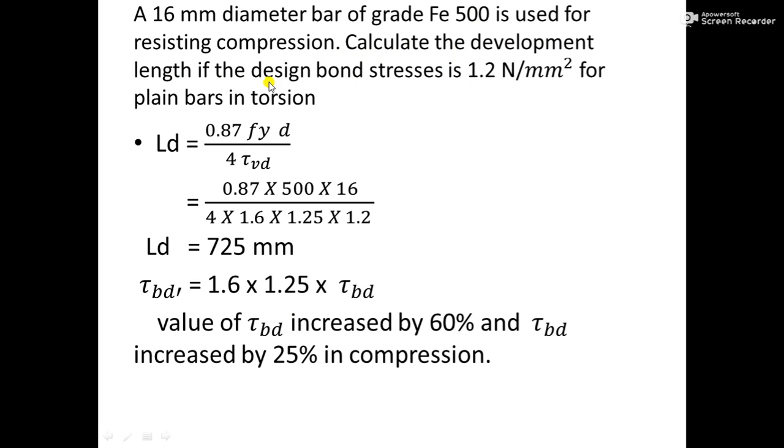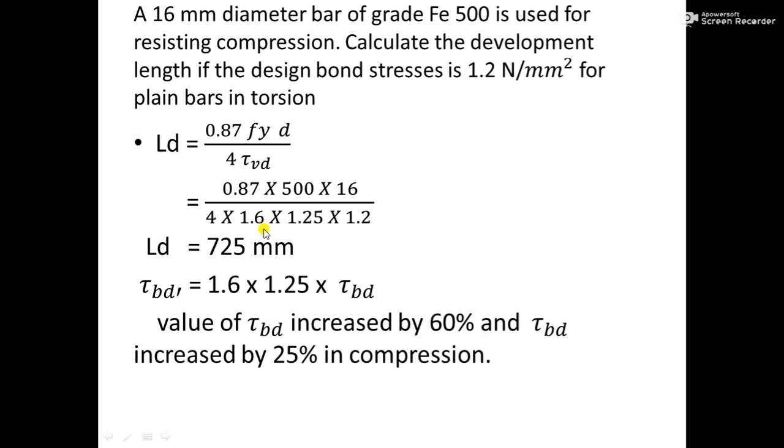Calculate the development length if the design bond stress is 1.2 Newton per square mm, that is, tau BD is given, for plain bars in compression. LD is 0.87 Fy phi upon 4 tau BD, that is 0.87 into Fy 500, the diameter of bar 16 mm, and tau BD 1.6 into 1.25 into 1.2. That is LD 725 mm.